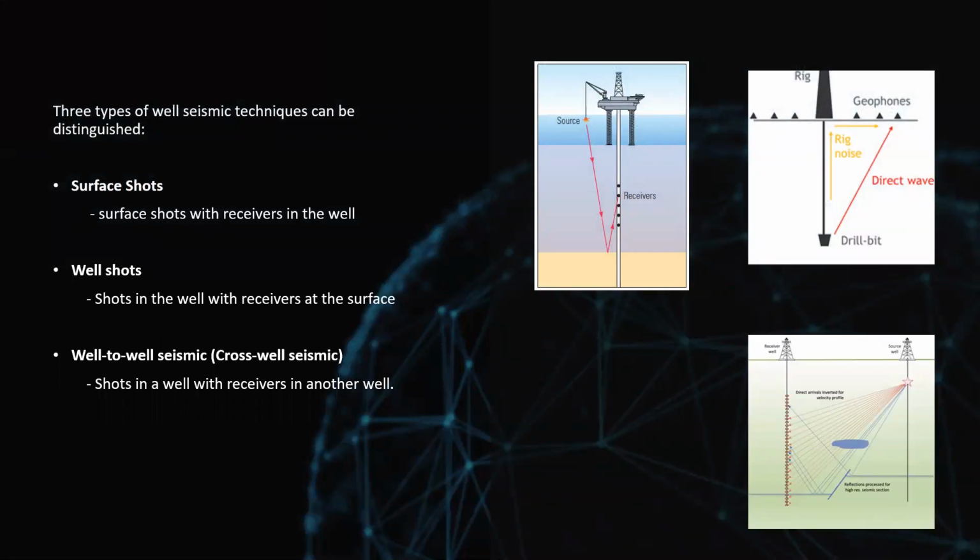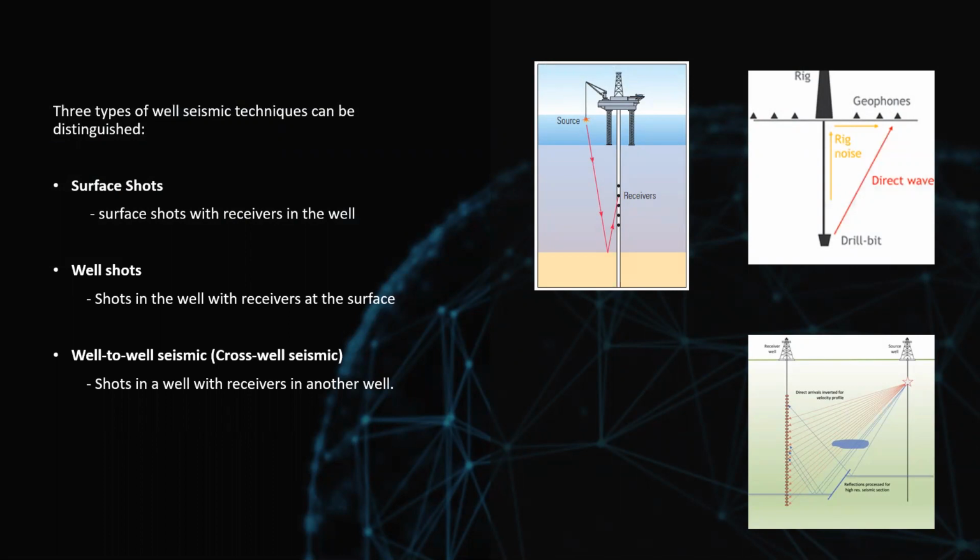Three types of well seismic techniques can be distinguished: surface shots, well shots, and well to well or cross well seismic. In the first case, surface shots, the shot points are on the surface with receivers in the well. In the second case, the shots are in the well with receivers at the surface.